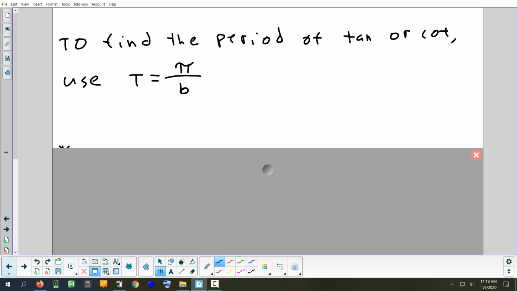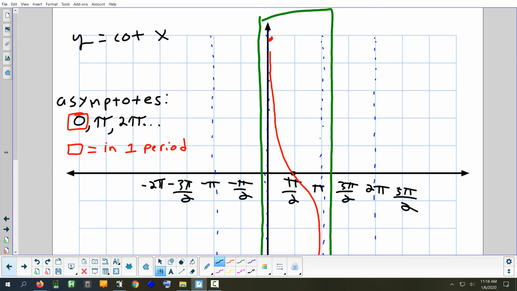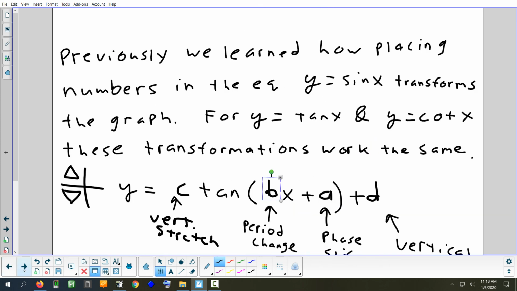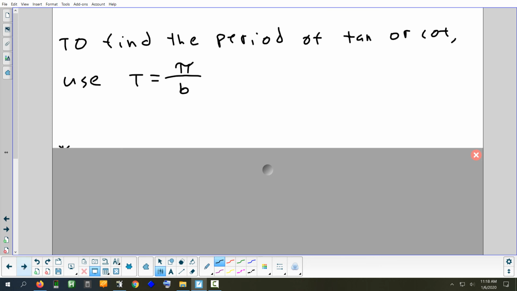The reason we're going to need that is because if you look at the original, here's where your asymptotes are. But I might ask you, what if you do a transformation? What are your new asymptotes? You have to be able to find the new asymptotes if you stretch or compress or shift it. That's the goal. And that chart that I'm going to give you in a minute will help.